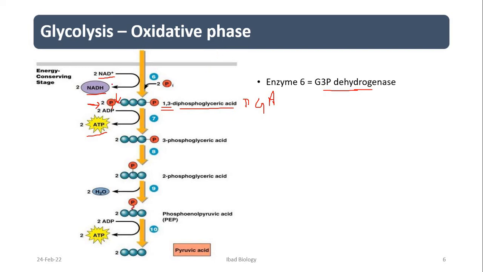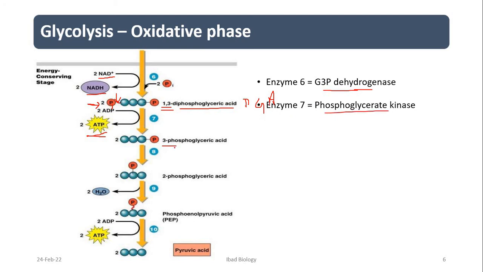So two NAD molecules are reduced into two NADH and two molecules of 1,3-PGA are produced. By transferring one of the phosphates to ADP, the ADP is converted into ATP and 1,3-PGA is converted into 3-phosphoglyceric acid or 3-PGA. This reaction is catalyzed by an enzyme known as phosphoglycerate kinase.